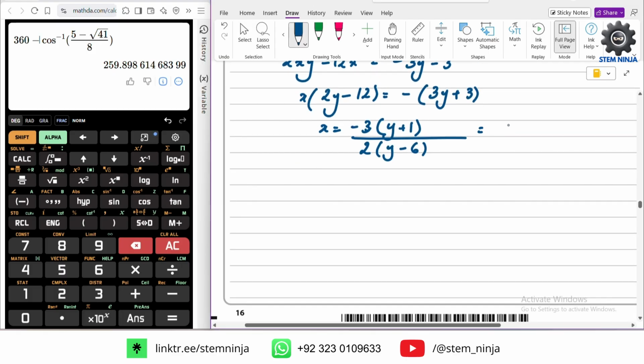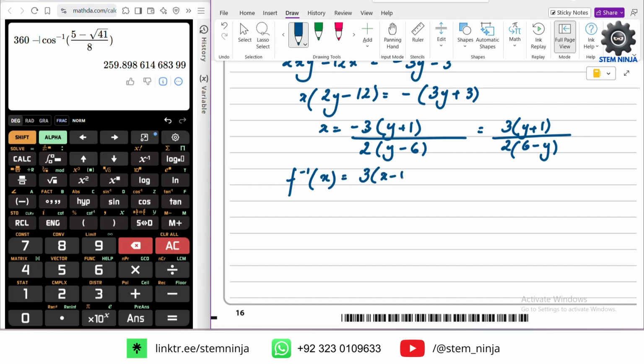This can also be written as 3y minus 1 if you multiply by the minus. So this can be further written as f inverse of x equals 3x minus 1 over 6 minus x. That is your f inverse.